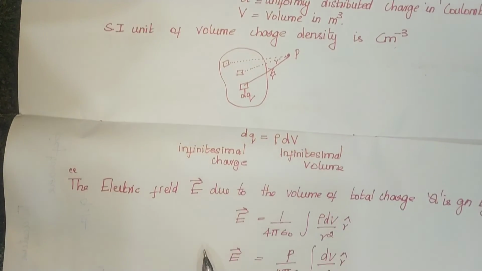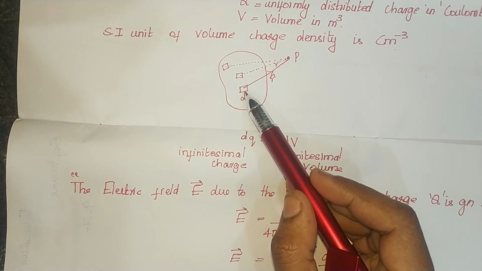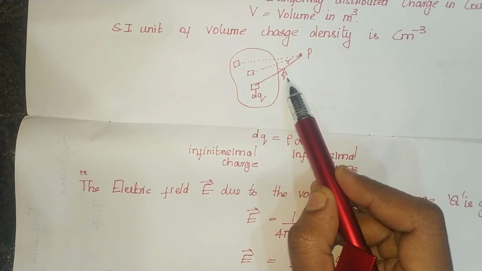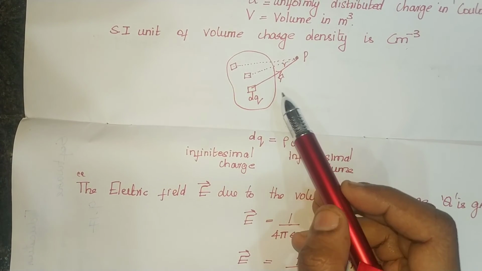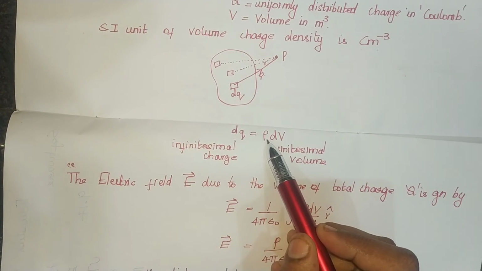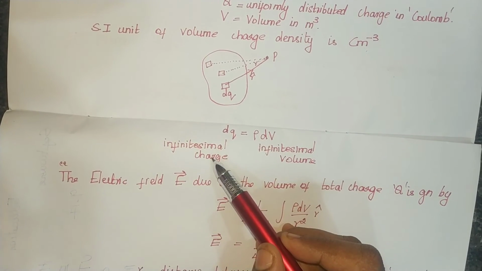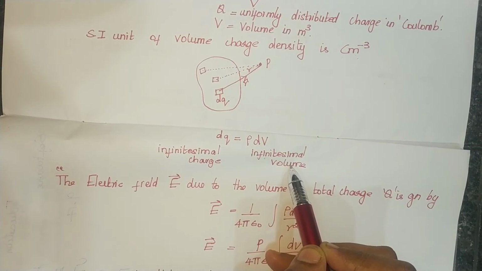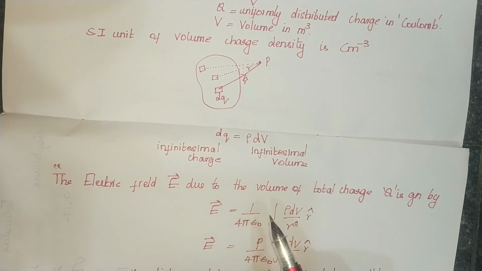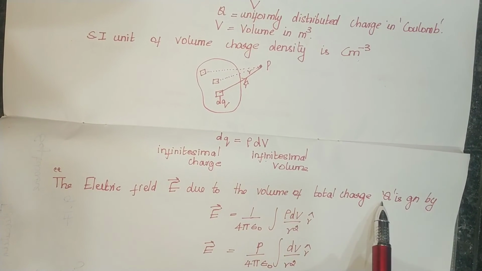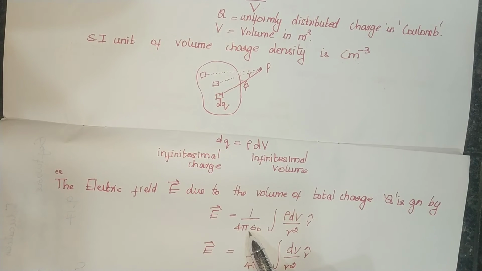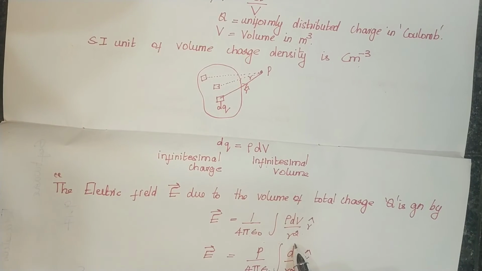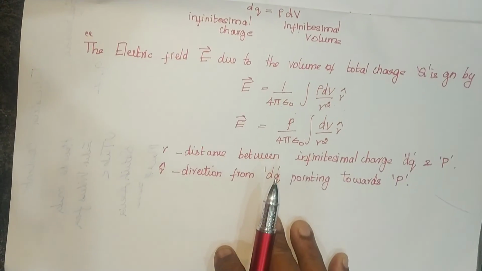Here we consider a diagram of infinitesimal charge dq, and the point P is at a distance of r. The pointing direction is r unit vector. Here dq is given by rho dV, that is infinitesimal charge in infinitesimal volume dV. Now the electric field E vector due to the volume of total charge Q is given by E vector equal to 1 by 4 pi epsilon naught integral rho dV by r square r unit.